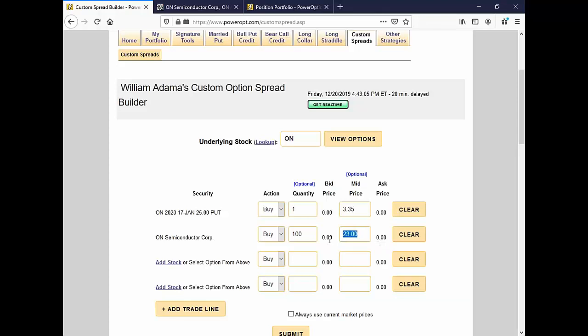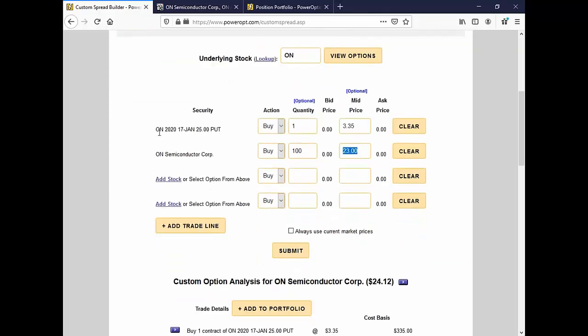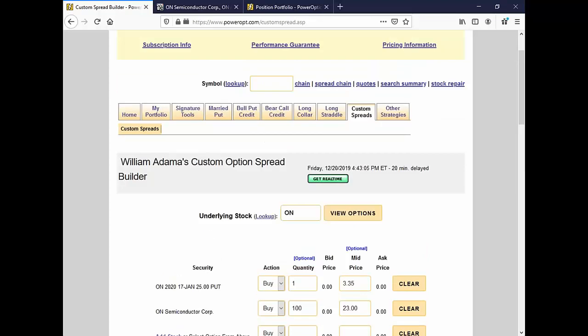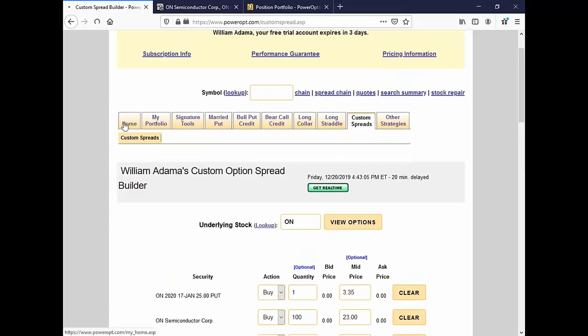If you do use just the stock and you find a repair, go to the profit and loss of your existing married put and graph it, because you might not like how it looks, and it might not give you the same benefit that you're seeing of just doing the stock repair against the stock without considering the cost basis of the put option. Those are my suggestions there on using that.